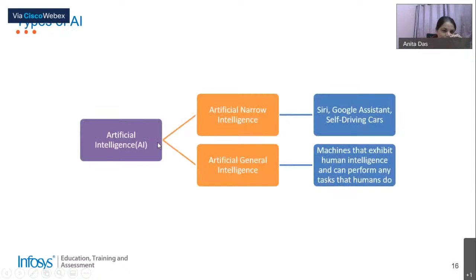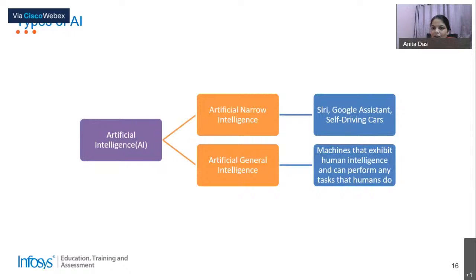Okay, so we can see two types of artificial intelligence here. One is artificial narrow intelligence, and the other is artificial general intelligence. Artificial narrow intelligence works on a particular part of the brain, in the sense that one particular job gets done. You can also call it weak intelligence.